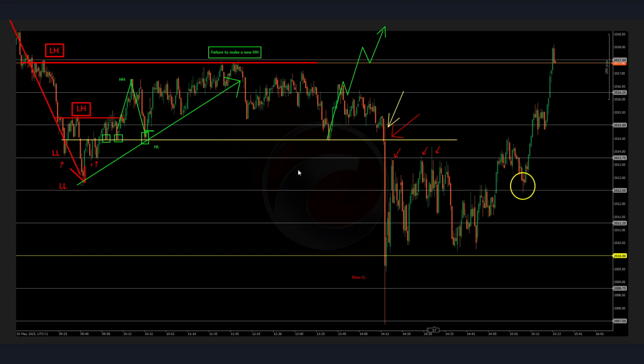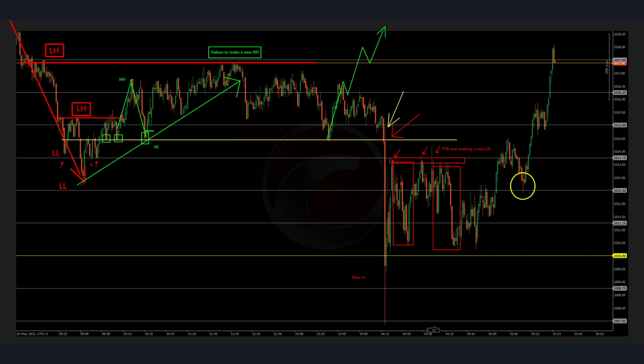So we could potentially see these price points for sell entries, and multiple failures to break highs. That would be making a new lower high, and that's where we could take trades in anticipation of the bearish move and the continuation bearish to make a new lower low.